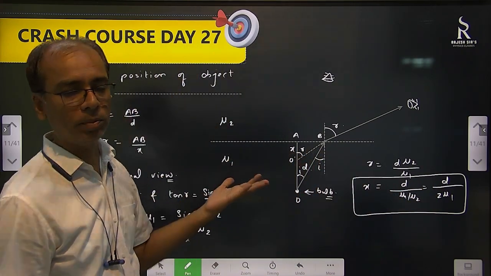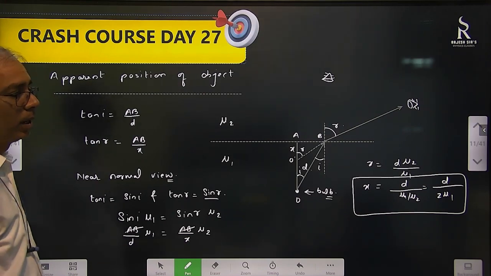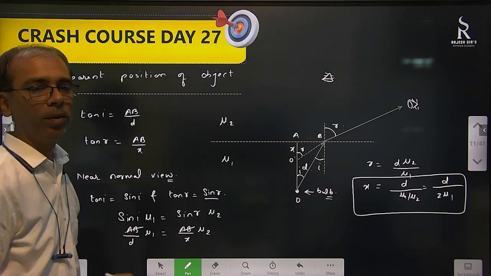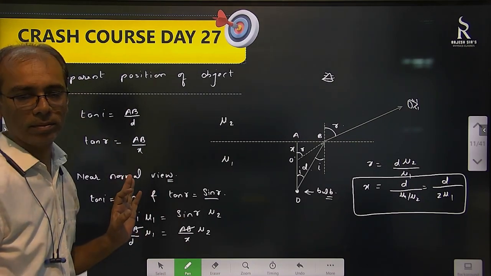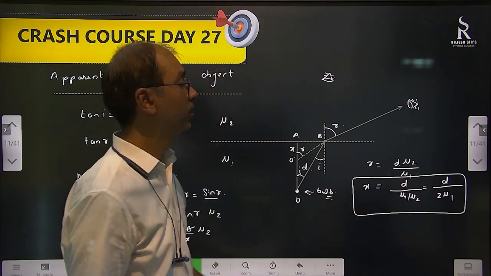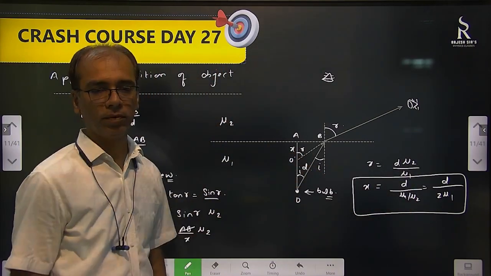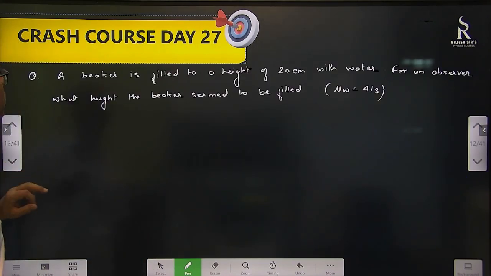Normally mu2 will be air, so then there is no problem, and we can write x is equal to d by mu directly. But if it is not air, then you should remember that. This is the apparent position.